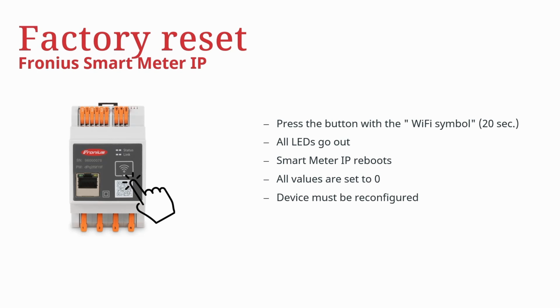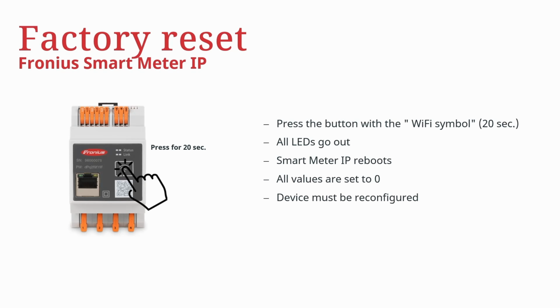First of all, you need to press the Wi-Fi symbol or the Wi-Fi button for 20 seconds, and then all the LEDs on the device will go out. The smart meter IP will reboot, and all values are set to 0.